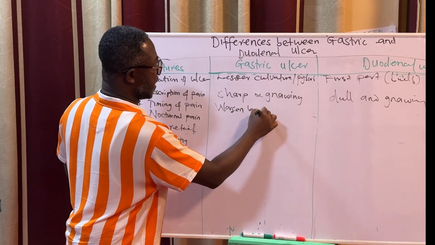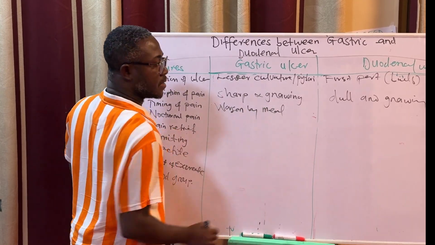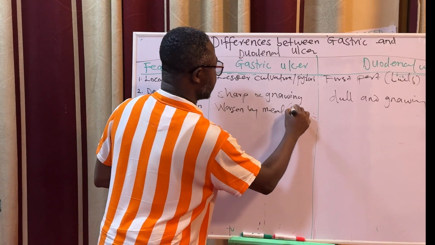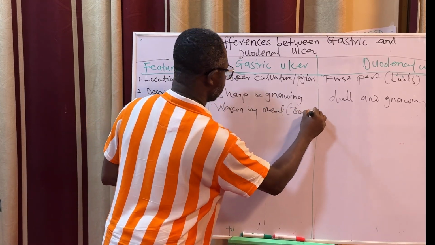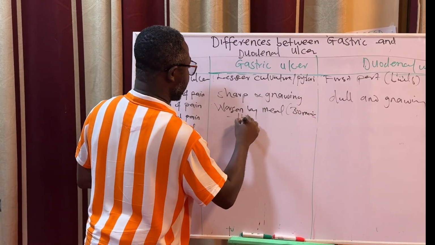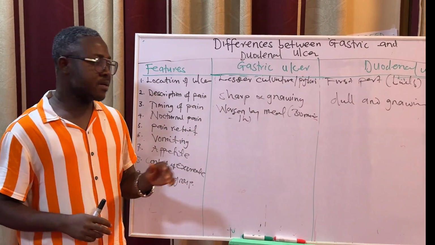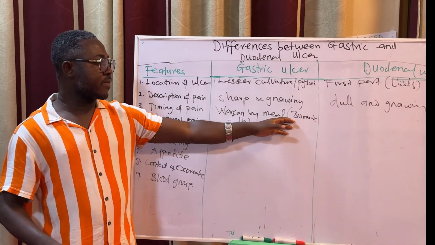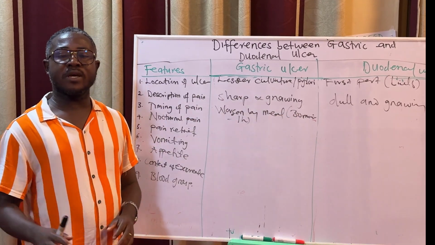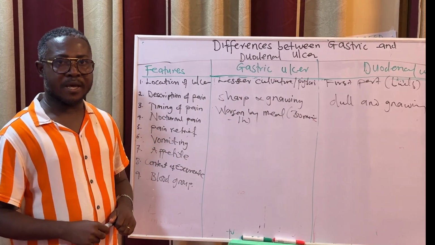Usually 30 minutes to 1 hour during meal time. And so when the patient is eating, usually after about 30 minutes to 1 hour, that is when they usually experience the pain.